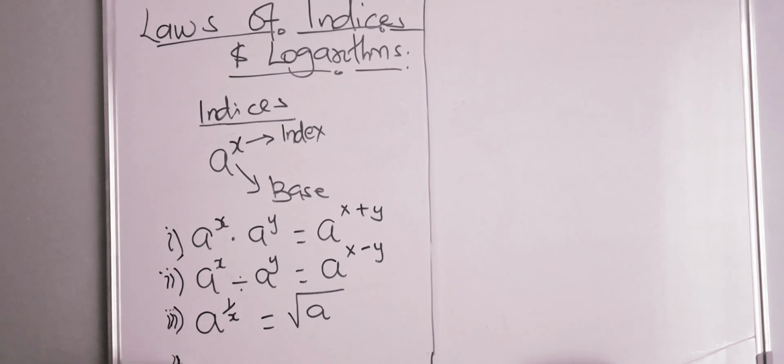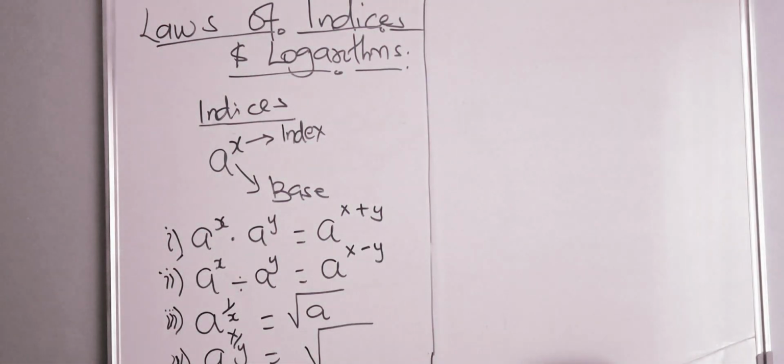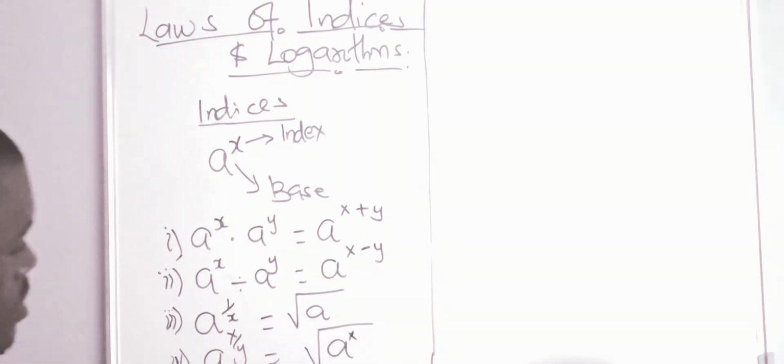Rule number 4, law number 4 of indices, we have a raised to x over y. We can write it as the y root of a raised to x.